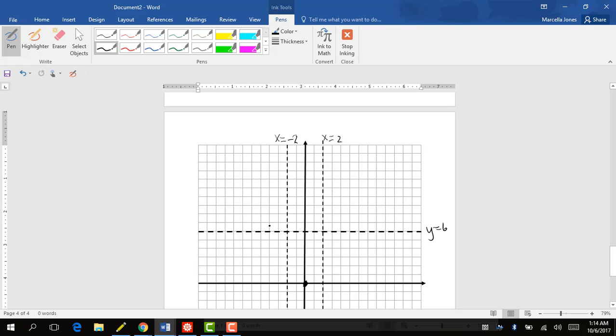There's 6, 7, 8. Now when x was -3, I got 54 over 5. So here's x equal -3. And 54 over 5 is a little under 11. It's 10 4/5. So here's 6, 7, 8, 9, 10, and I'm right under 11 there.